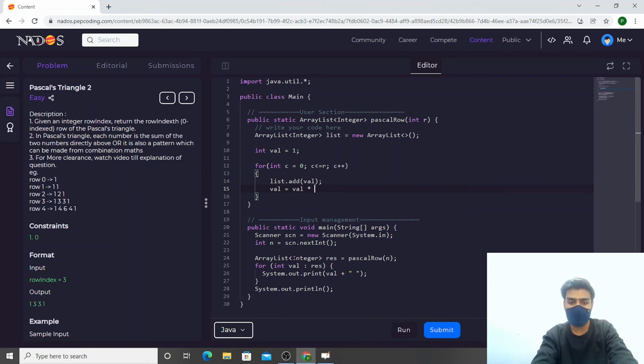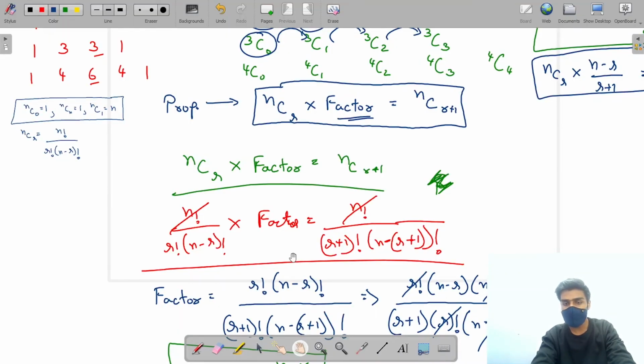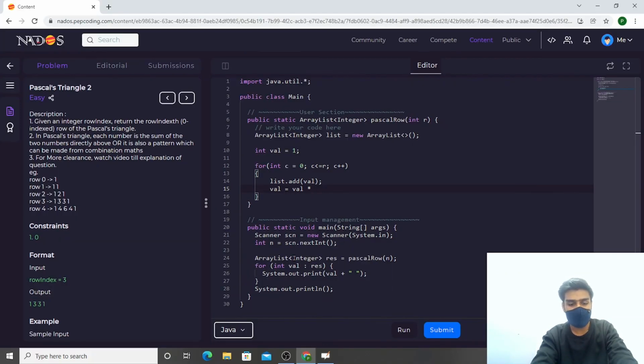What is the factor? Nothing is the factor yet. What we have to do? The formula was n minus r upon r plus 1. So n minus c. Oh, sorry, r minus c upon c plus 1.